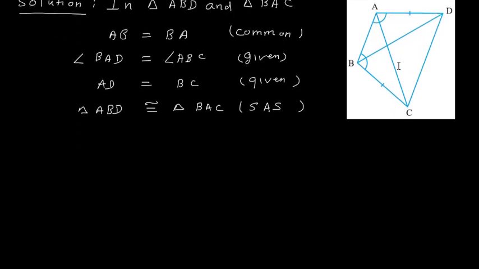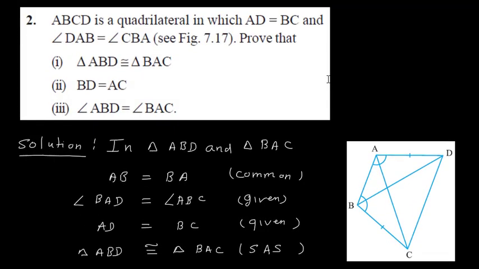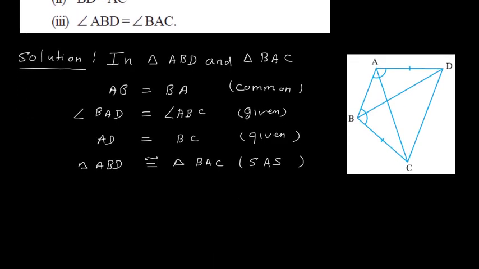Now these two triangles are congruent, therefore corresponding parts, corresponding angles. So BD and AC, let us check BD and AC. Yes, they are corresponding sides. So I will say that therefore BD is equal to AC. Reason is corresponding parts of congruent triangles. And next, angle ABD is equal to angle BAC.